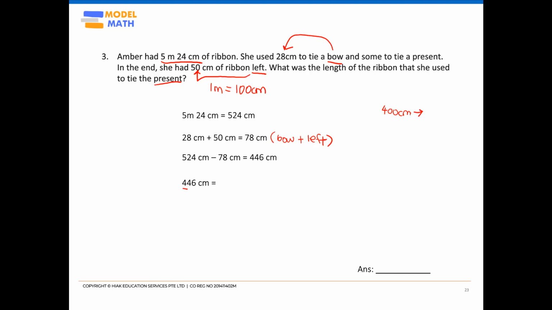So remembering that 1 meter equals 100 cm, we can also say 100 cm equals 1 meter. And therefore, 400 cm will then naturally be 4 meters. So now we can convert 446 cm into meters and centimeters, which would be 4 meters and the remaining 46 centimeters. And that would be your answer for question 3.